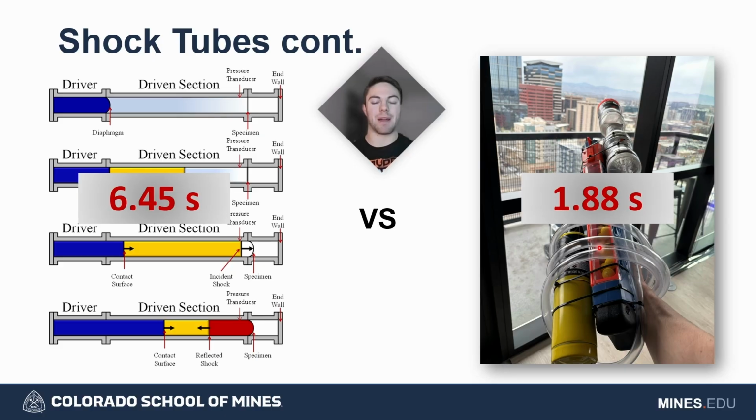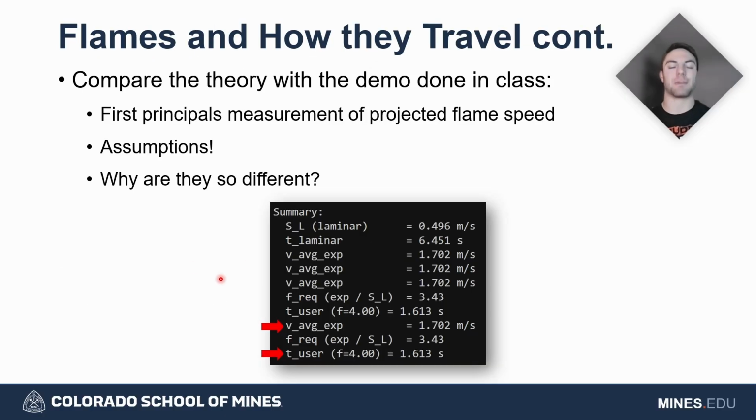Why does this happen? The answer is based on our assumptions. When I'm using my Cantera code, I'm assuming a laminar flame because I'm trying to model this using first principles and not CFD, which would probably be a more accurate and significantly better method to model this system.